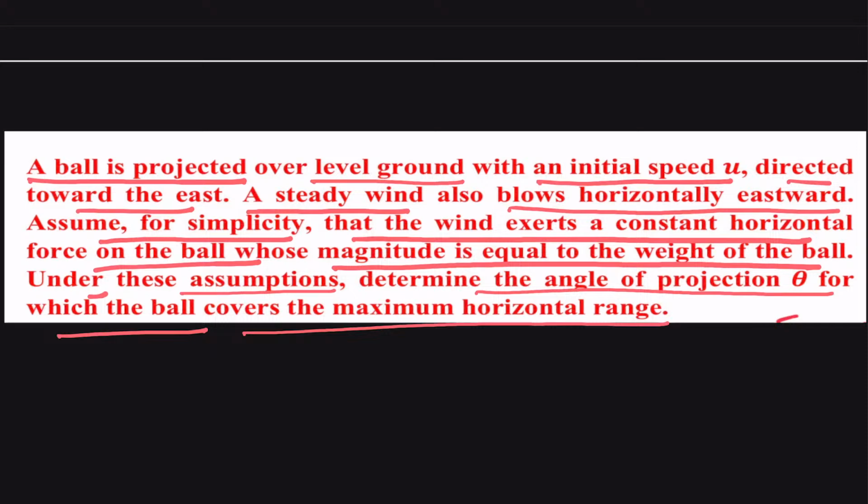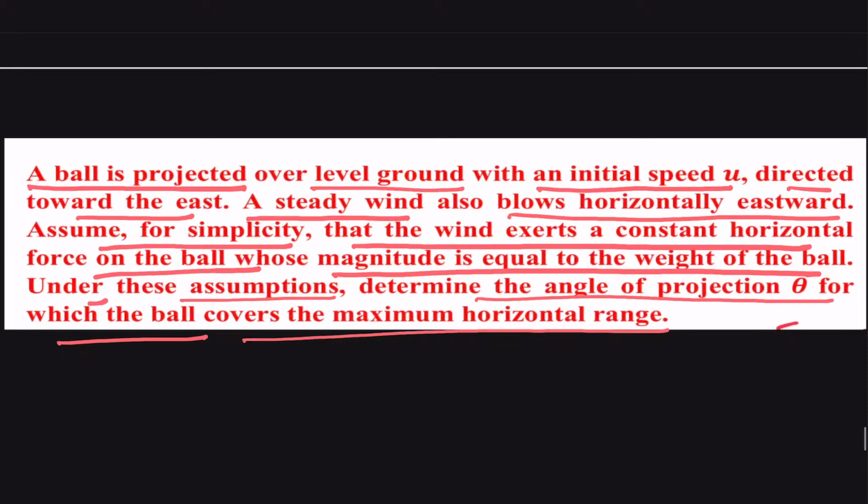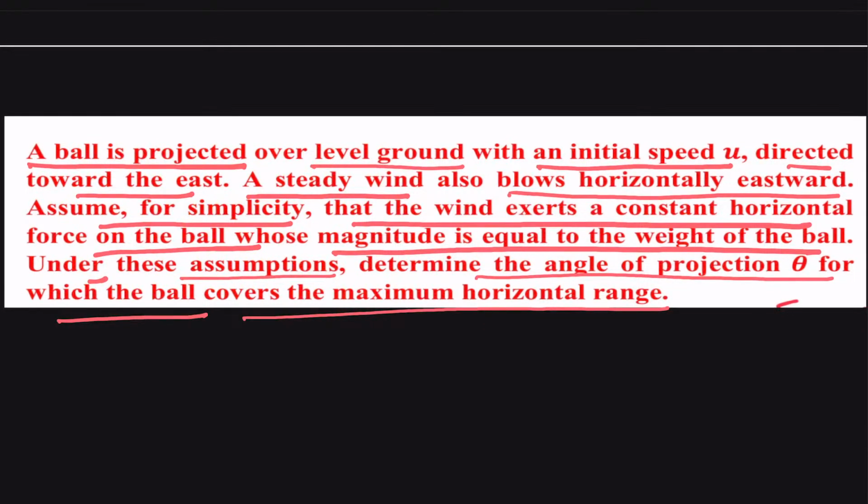And so this is the same question as we dealt with in the previous one, but the only difference is that it is projected on a level ground, and this is our u at an angle of theta.